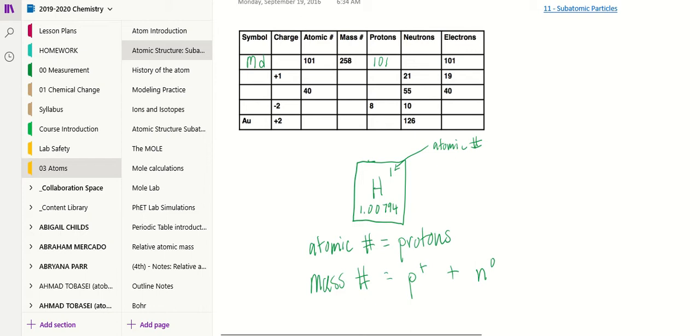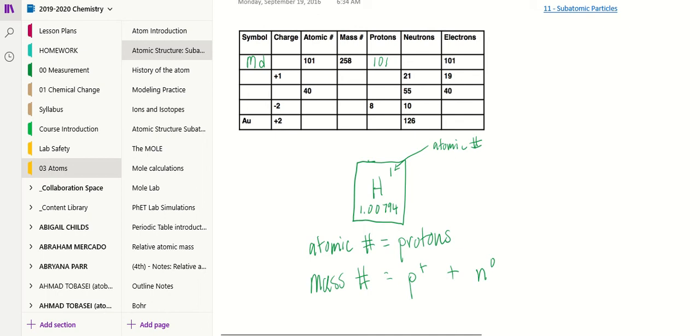I don't include electrons with the mass number because compared to protons and neutrons, electrons are essentially massless. They have such a small mass that I don't include them in the general relative mass of my atom.